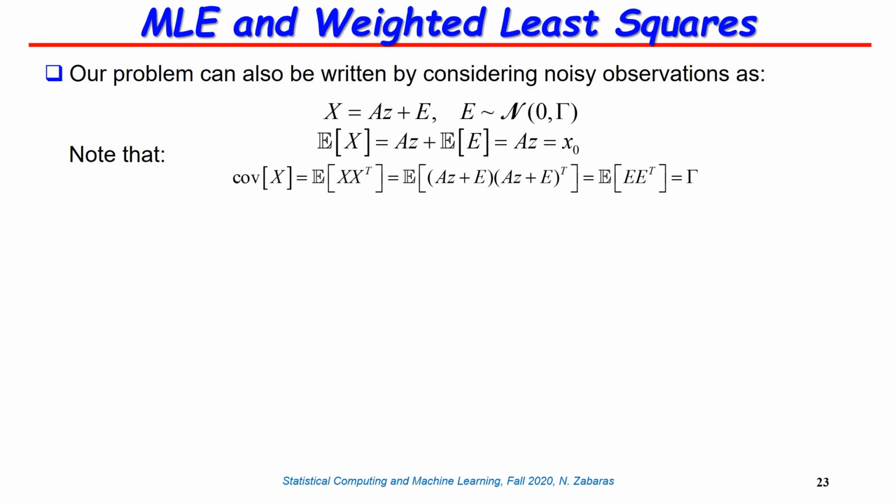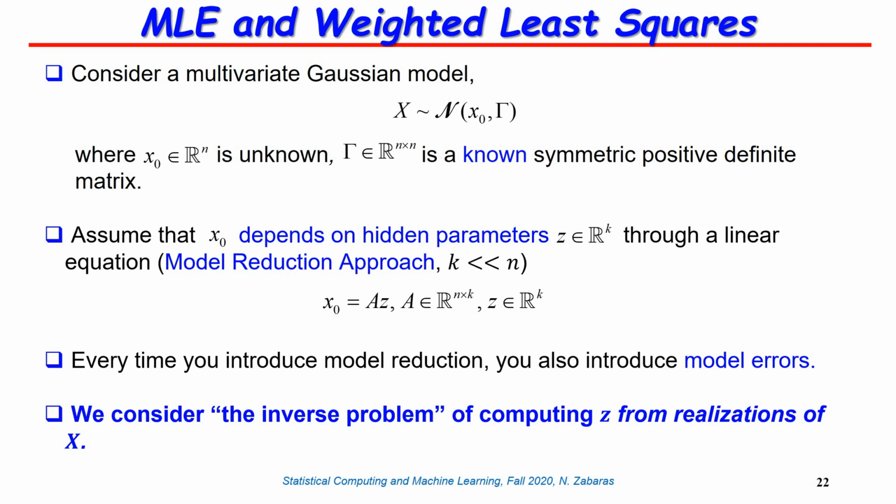Now, when you do dimensionality reduction, obviously you lose some information, and we are going to assume that the noise that is introduced is given by a Gaussian that has covariance gamma and mean 0. So if I go back to my previous slide, you can show that x is given by this Gaussian model, where the mean of this Gaussian model is A times z.